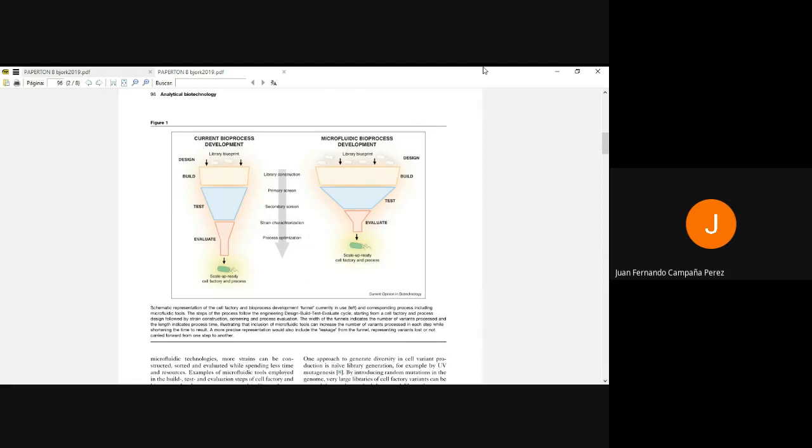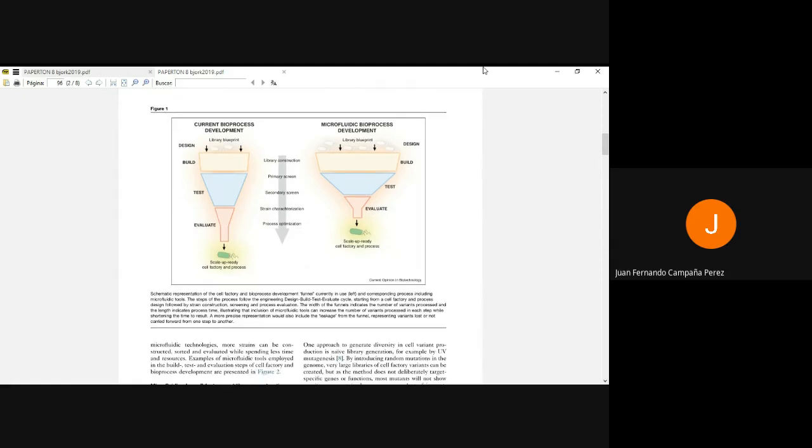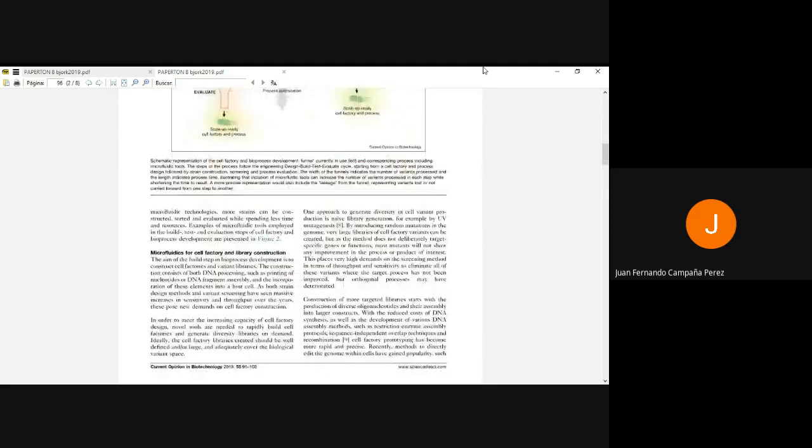On the right of the figure, you can see that. The evaluation step in the bioprocess development consists of characterizing selected candidate strains from previous steps and optimizing cell factory function for scale up to production scale.